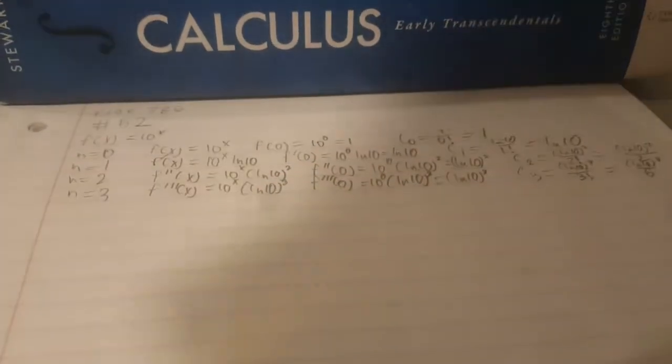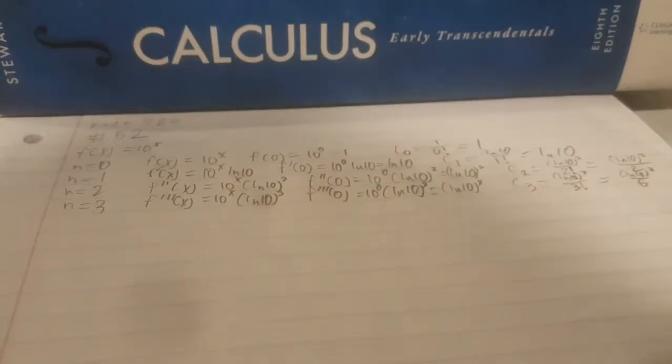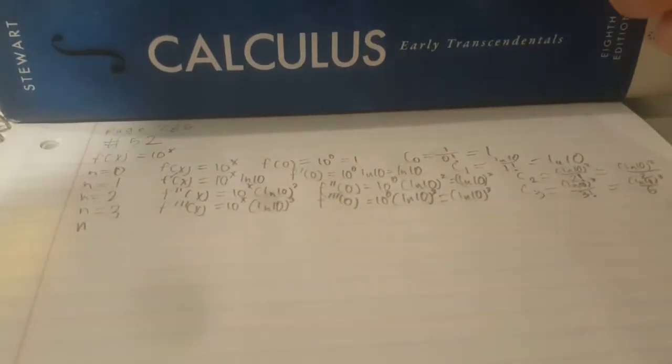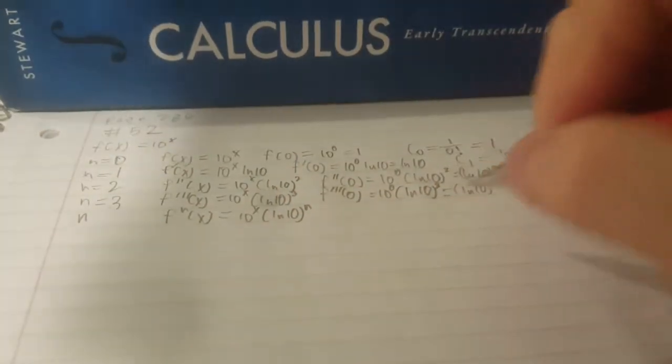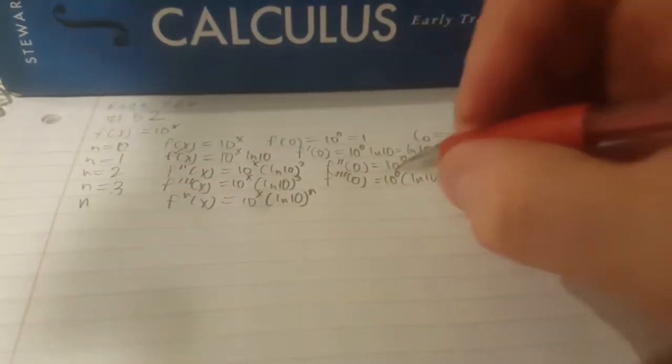Now, going through all this, we can start to see a pattern between each one of these. What we can do is just write that we're doing these all to the nth power. So f to the n of x would equal 10 to the x ln 10 to the nth power, because it changes based off the n.